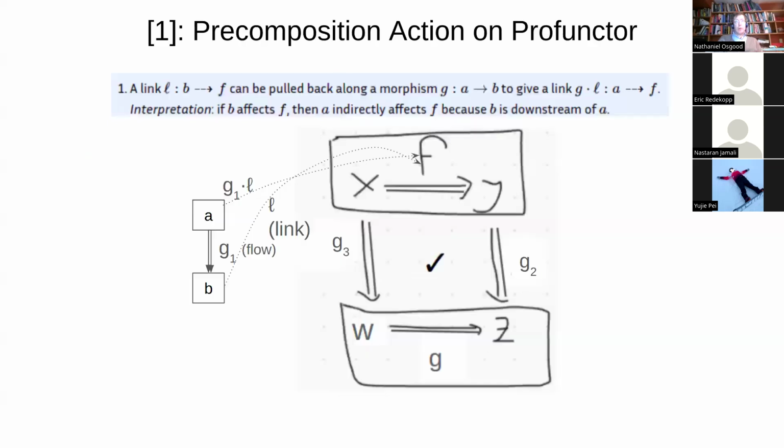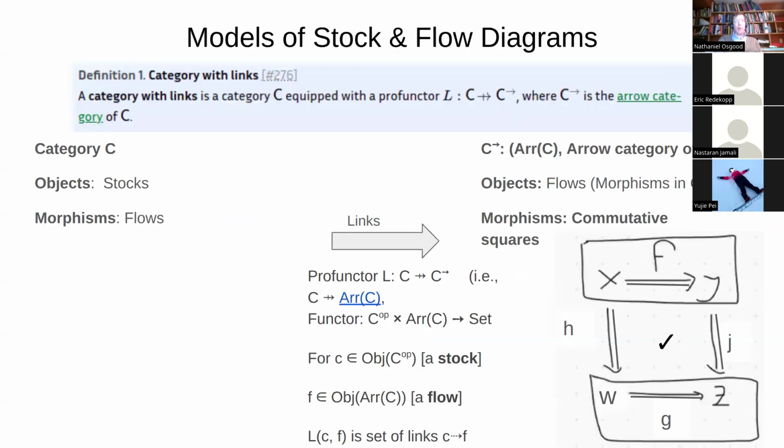But there's a question. Is this going to be an adequate model? Does this give rise to a model that is adequate of stock and flow categories, or rather primitive system structure diagrams? This remains to be seen. But it's certainly an interesting attempt, and it makes you think about compositionality in system structure diagrams or primitive system structure diagrams.